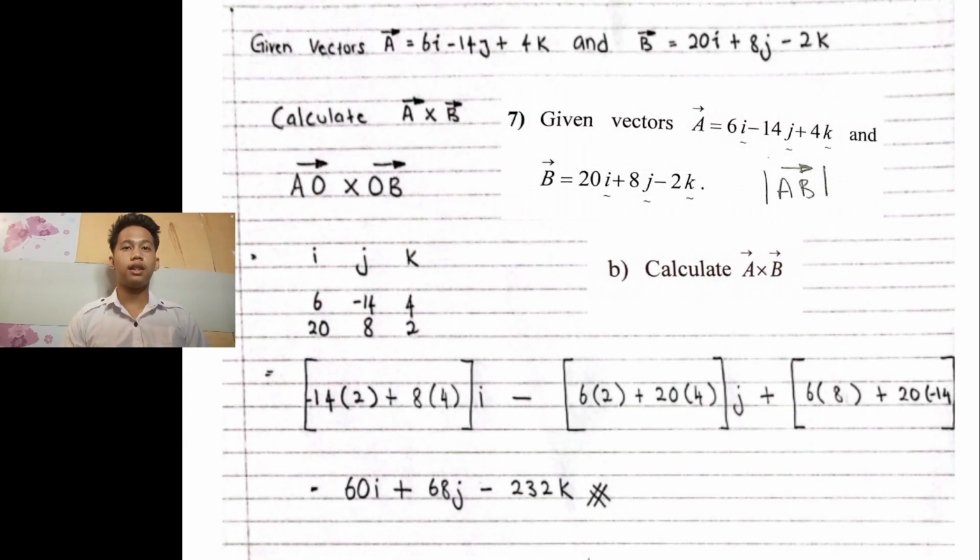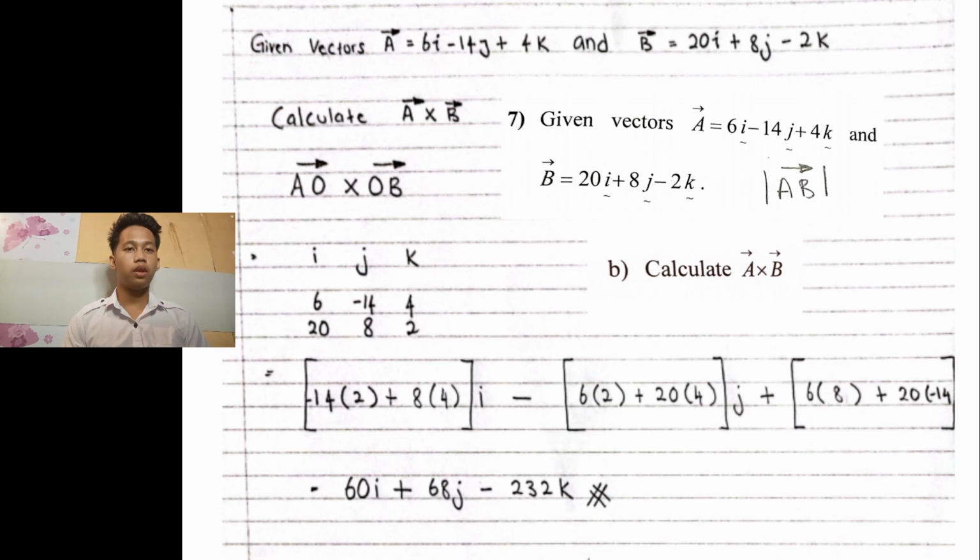Given vector A equals 6i minus 14j plus 4k and B equals 20i plus 8j minus 2k. Calculate A multiplied by B. First step, you need to separate the letters and numbers, for example i, j and k.